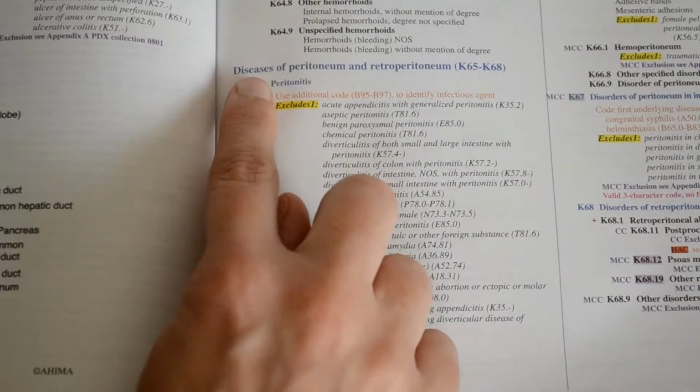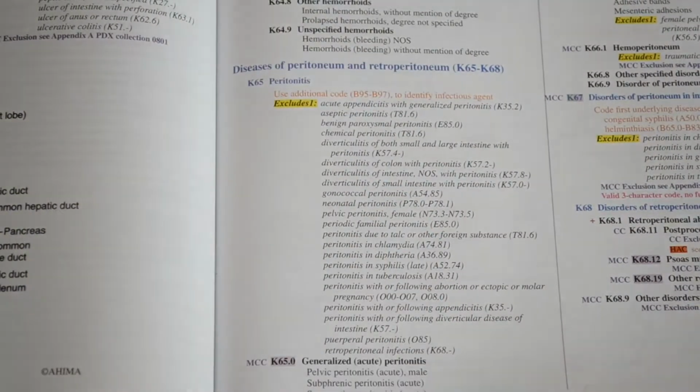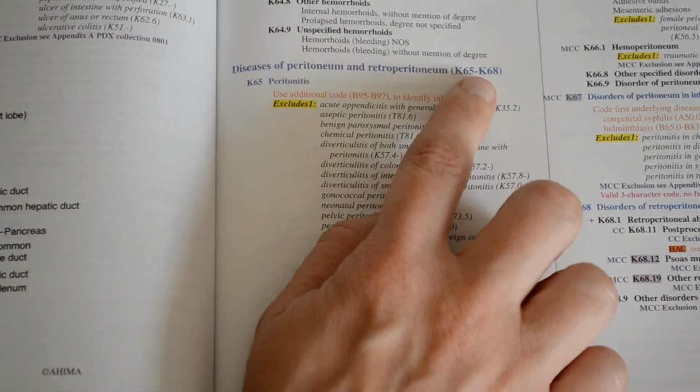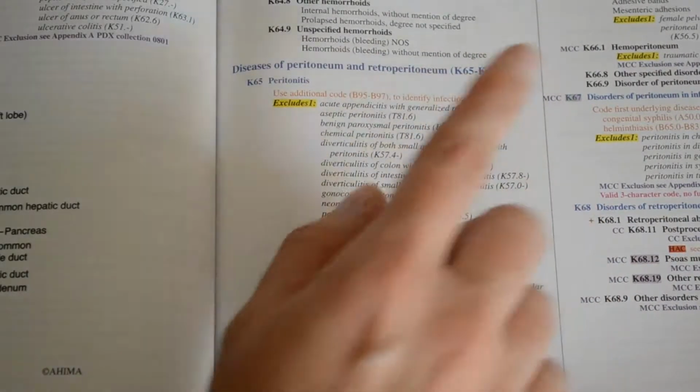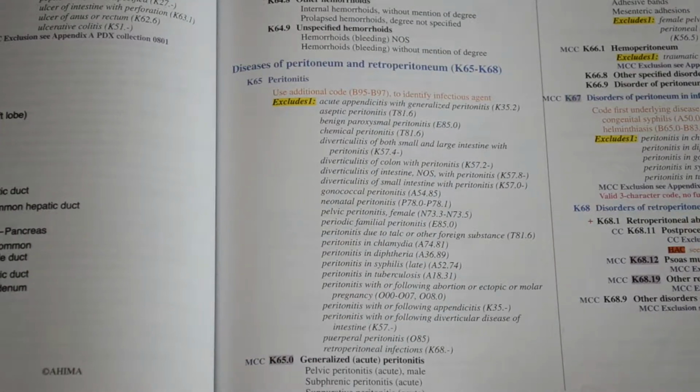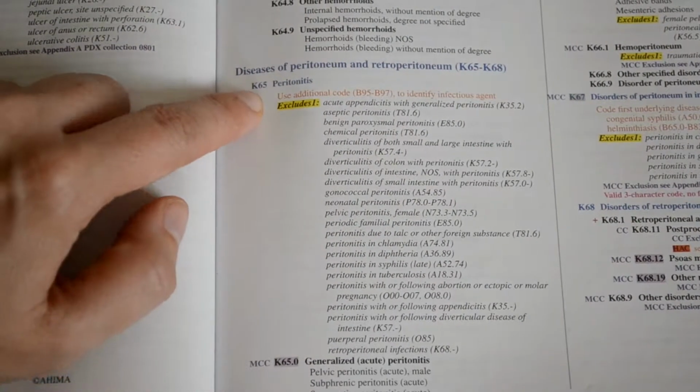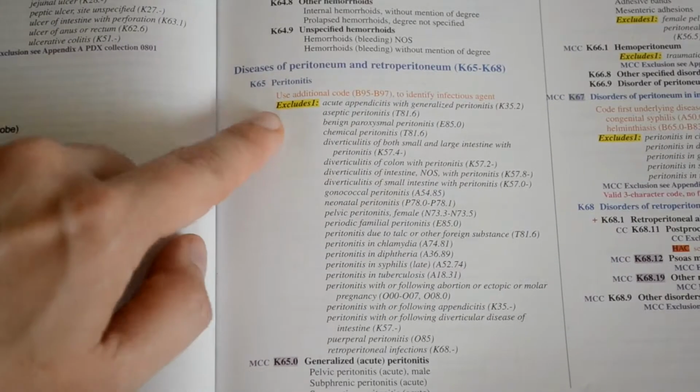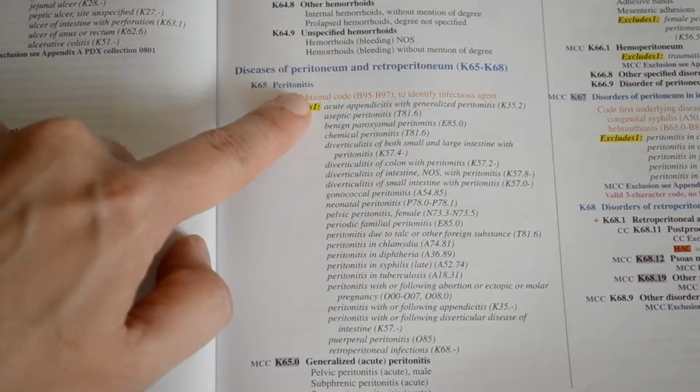It says diseases of peritoneum and retroperitoneum, K65 through K68. That is giving us the range of codes that cover diseases of the peritoneum and retroperitoneum. Our code from the index said K65.0, so we want to look at K65 peritonitis.